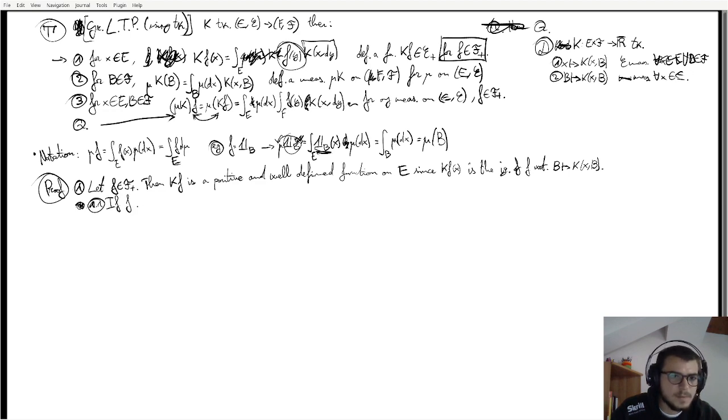If f is simple, meaning that it can be written as a linear combination of indicator functions, well, f of x can be written this way. Let's use the same notation.